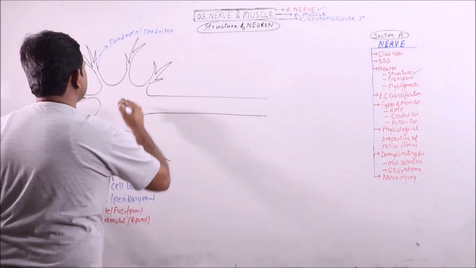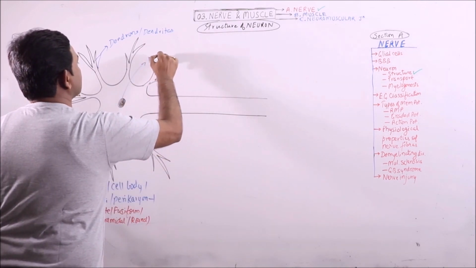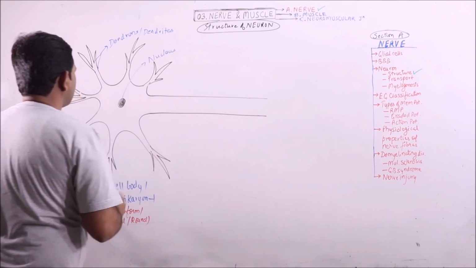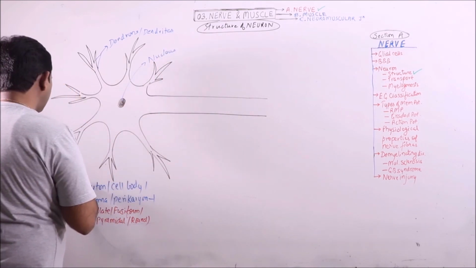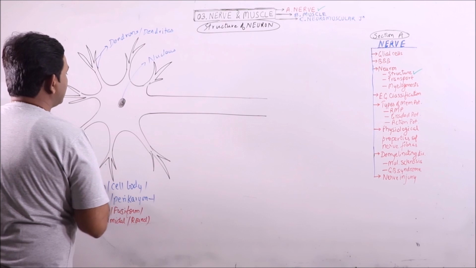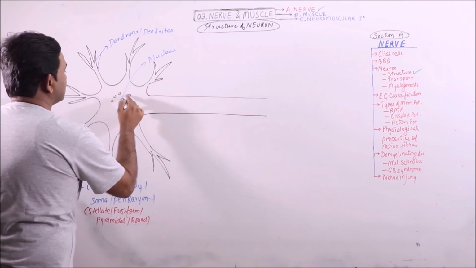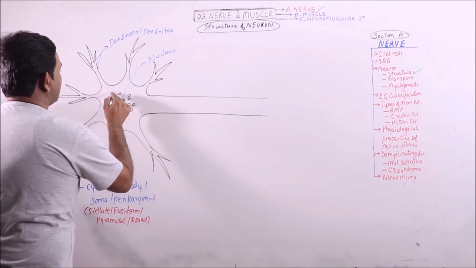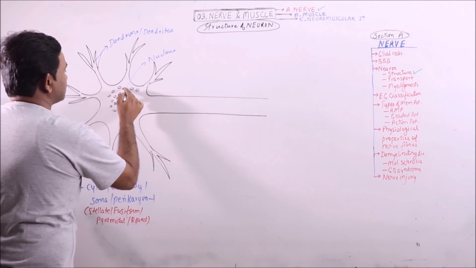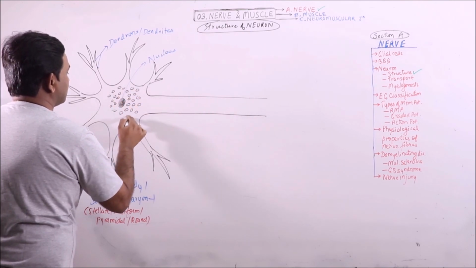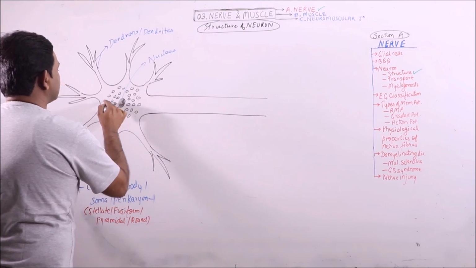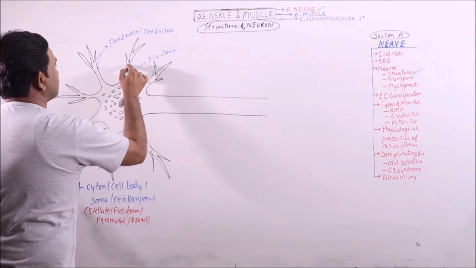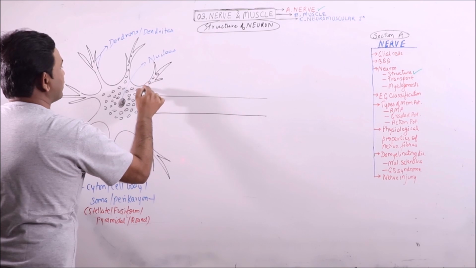This is nucleus. And around the nucleus there are some basophilic bodies made up of RNA, which also extend into dendrites.